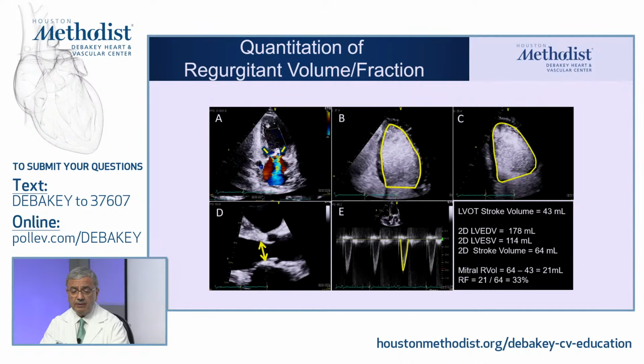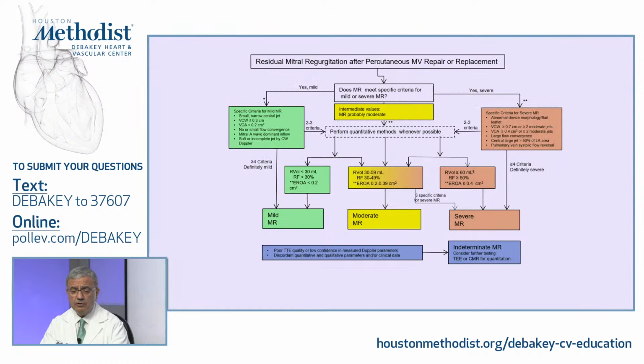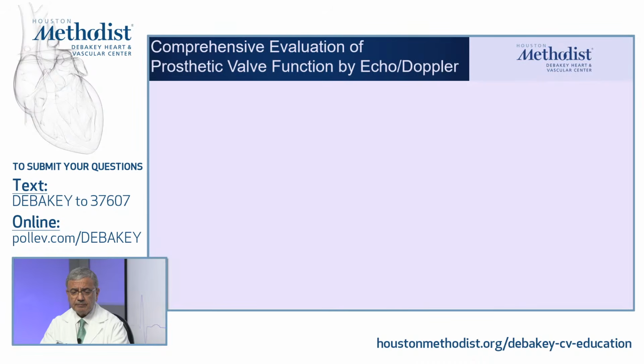And not infrequently, you may need a transesophageal echocardiogram or use an MRI, just like Dr. Shah will tell you, to quantitate the significance of the regurgitation, regurgitant volume, and regurgitant fraction, if that is important in your overall decision. And this is the algorithm that was proposed for evaluation of residual mitral regurgitation after a TEER procedure.